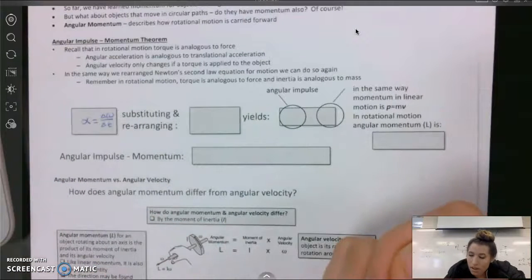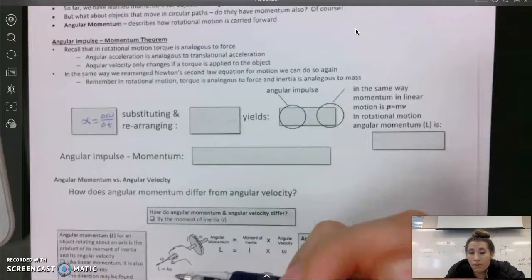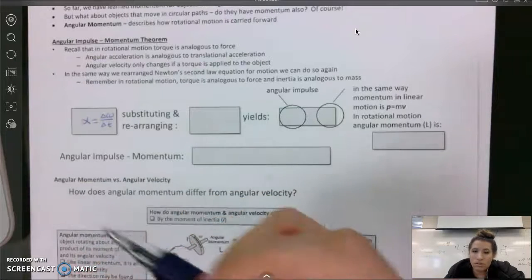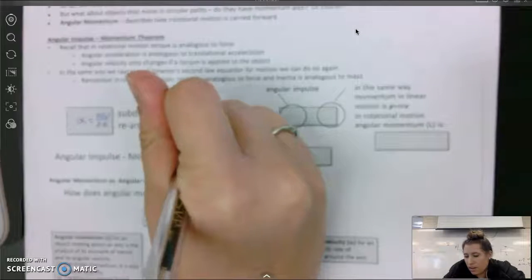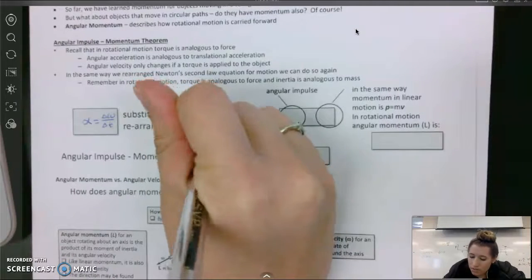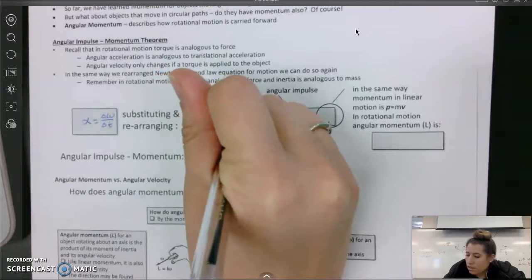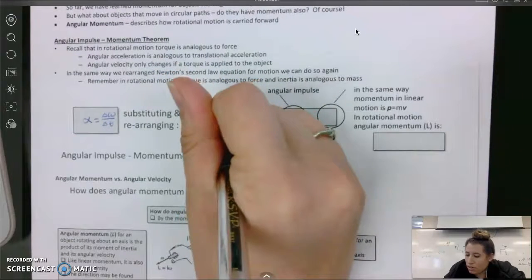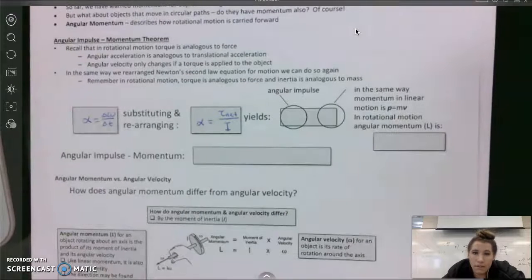Okay? And then if we substitute torque for force in Newton's second law and do a little rearranging, we have that angular acceleration is equal to net torque, or sum of the torques, over mass, which we're substituting inertia. Okay? So let's make this substitution.